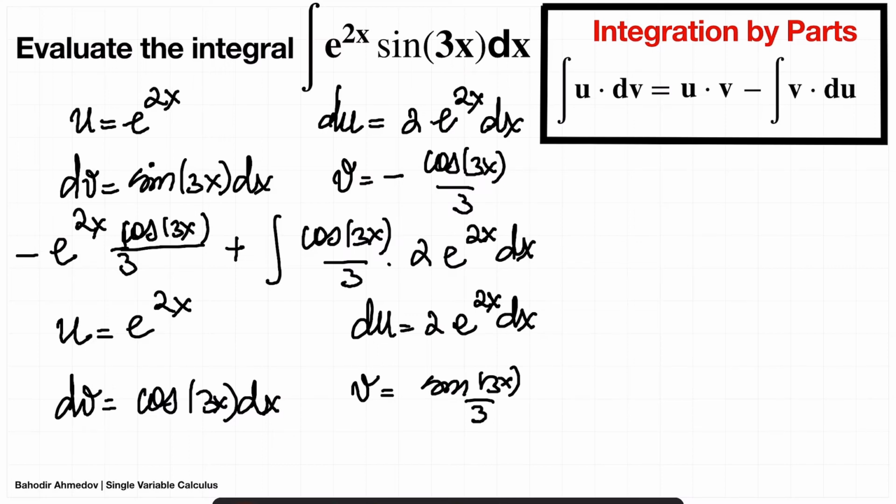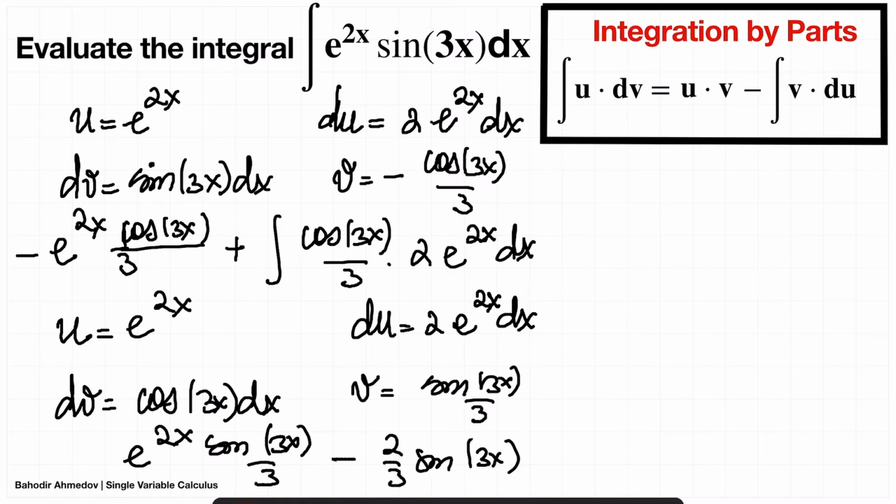Again, according to the formula, it's going to be e to the power of 2x times sine of 3x over 3, minus the integration of v du, which is 2 over 3 sine of 3x times e to the power of 2x dx. And we have to substitute everything to here and multiply this additionally by 2 over 3.